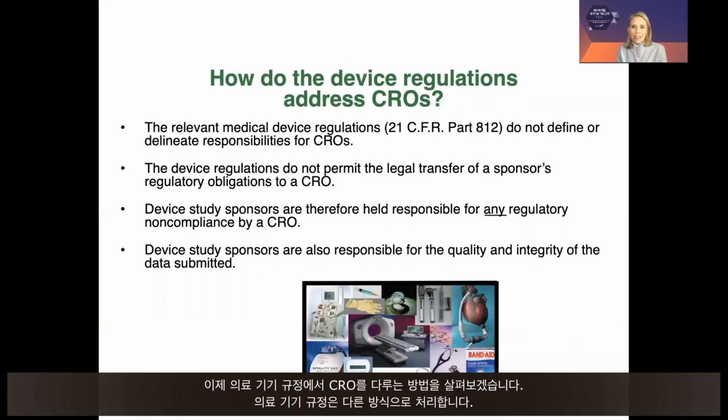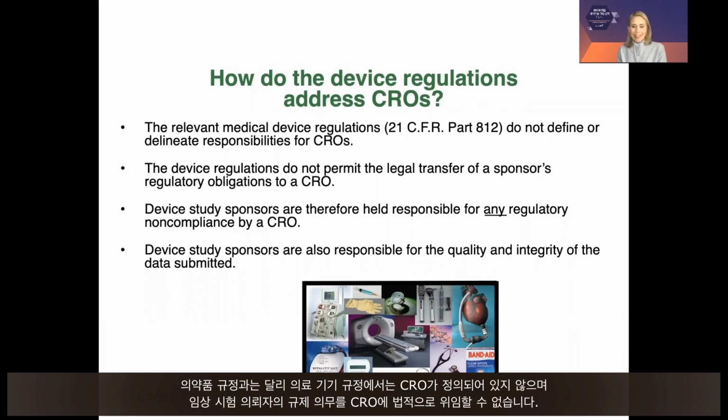So how do the device regulations address CROs? The device regulations handle things differently. They don't define CRO, which was the case in the drug regulations, and they also do not permit the legal transfer of a sponsor's regulatory obligations to a CRO.